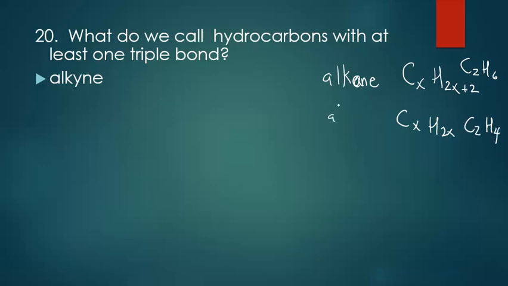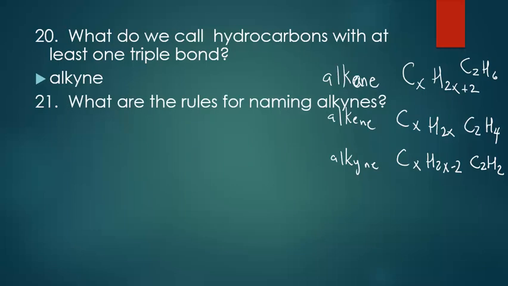It's called an alkene. But if you encounter CxH2x-2, like C2H2, then there is a triple bond, and it will be called an alkyne. What are the rules?